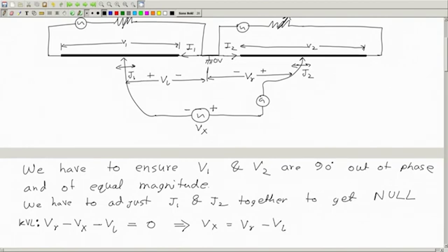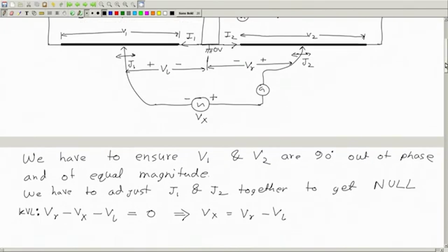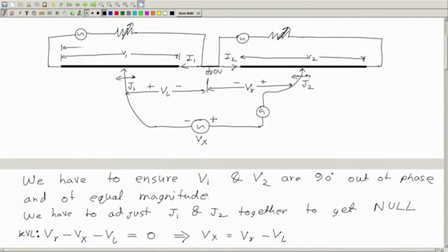Okay, VR minus VL. Now, what is VL? VL will be, so if this length is capital L, here also it is capital L, and this length from here to here, call it L for left, and here length right, left and right potentiometer.